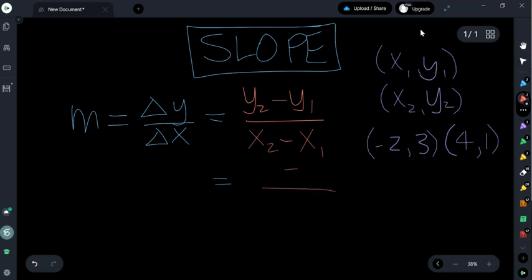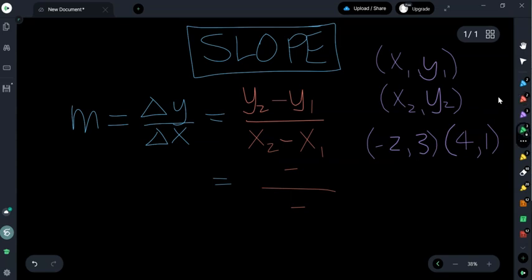Now, the way I like to do formulas is I like to rewrite the formula, plug in the division, all of the symbols and operations you're going to use, then go back and plug in the values. That way, for example, in slope, you don't get mixed up with positives and negatives. You make sure that that subtraction is there. If I do have a negative value here, the subtraction is there, and so is the negative. So you have to make sure you don't drop one of those two.